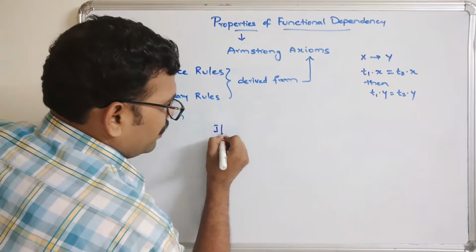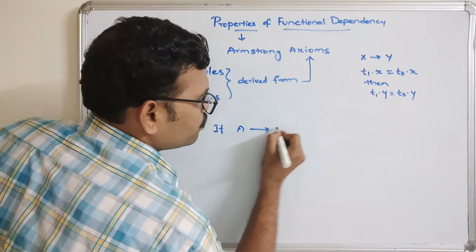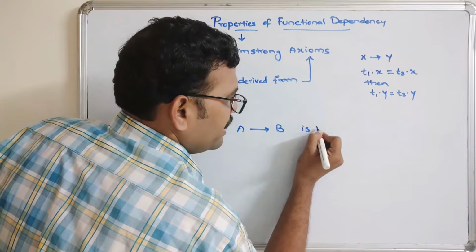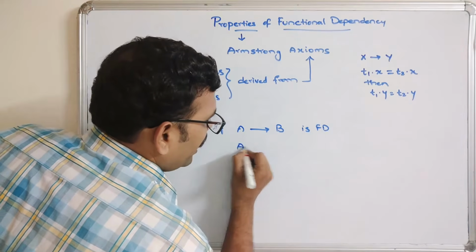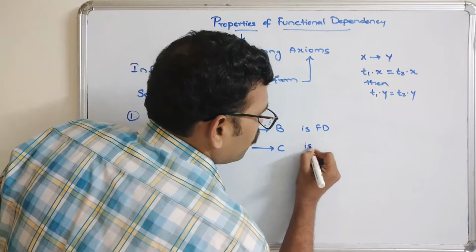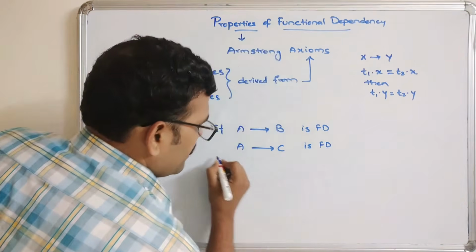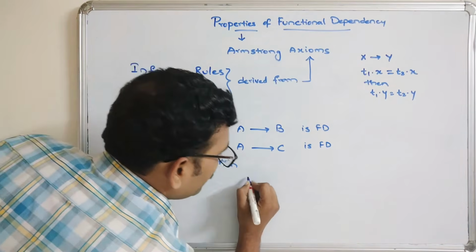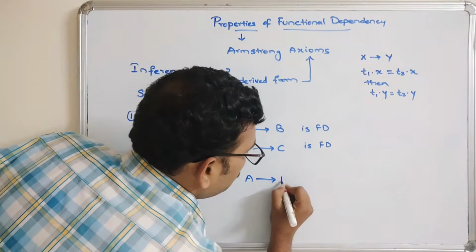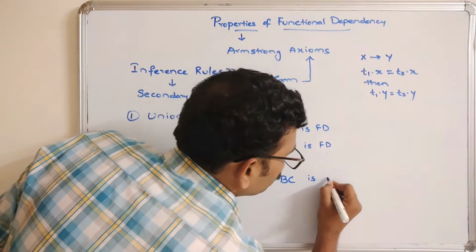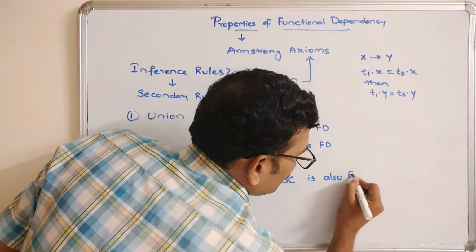If A tends to B is functionally dependent and A tends to C is also functionally dependent, then A tends to BC is also functionally dependent.